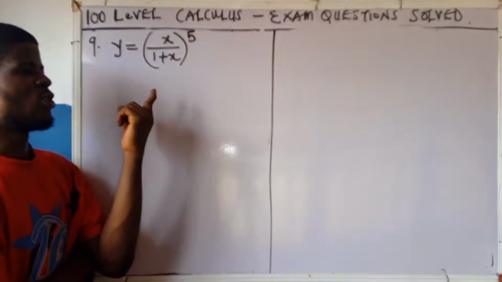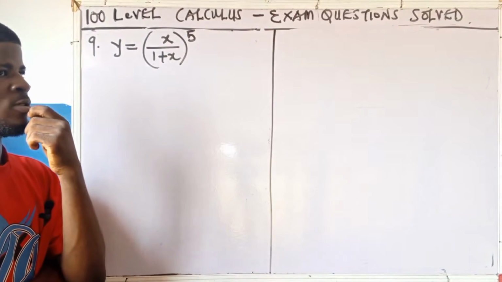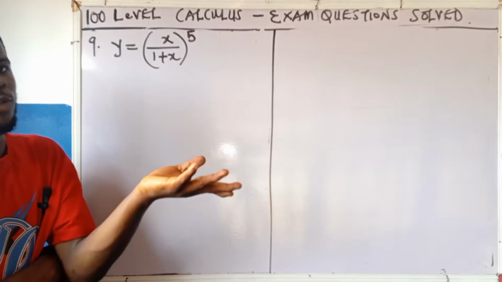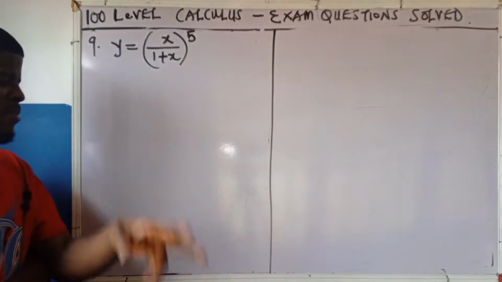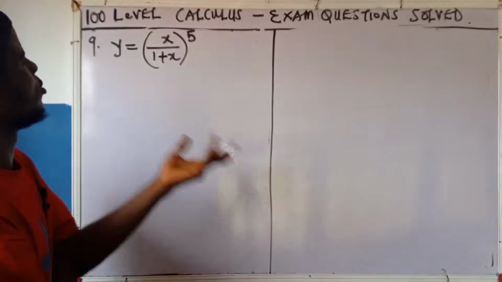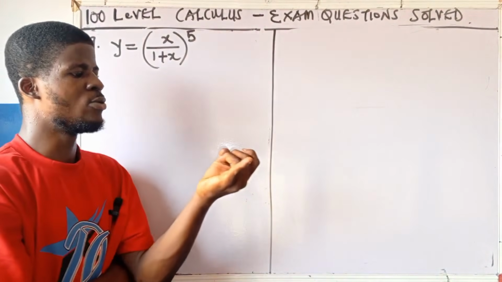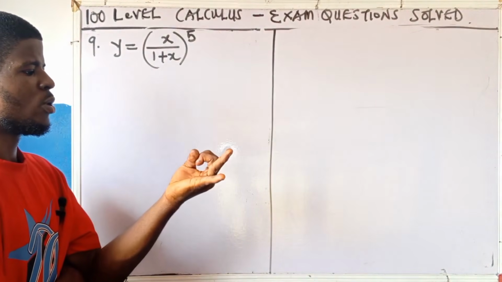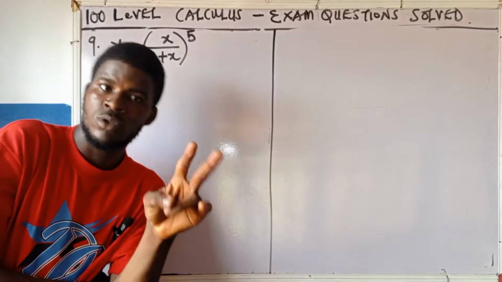Looking at this question at first, it looks like something you can solve easily, but it may shock you the way the solution will come out. Look at it very well. Which rule do you think will solve this question? Is it chain rule? Is it quotient rule? Or could it be a mix of these two rules?